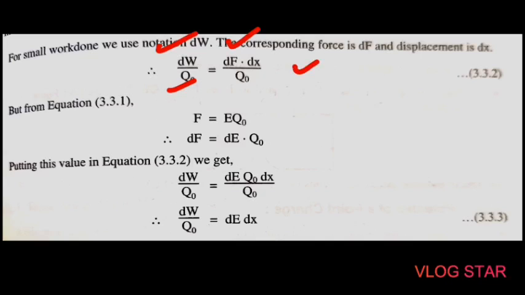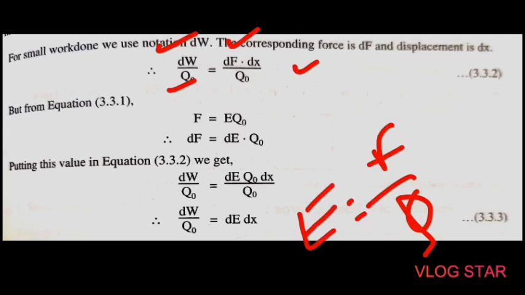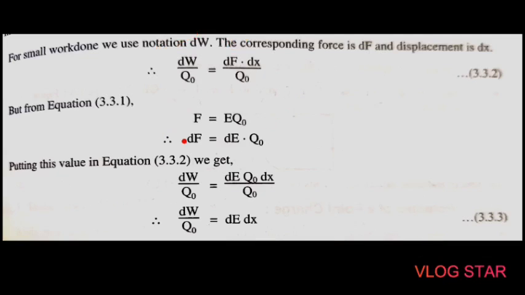Okay, so again we know that electric field intensity is nothing but F divided by Q. So we can write F is equal to E into Q0. That's why dF becomes dE into Q0. So we put this value dF is equal to dE into Q0 in equation number 3.3.2.